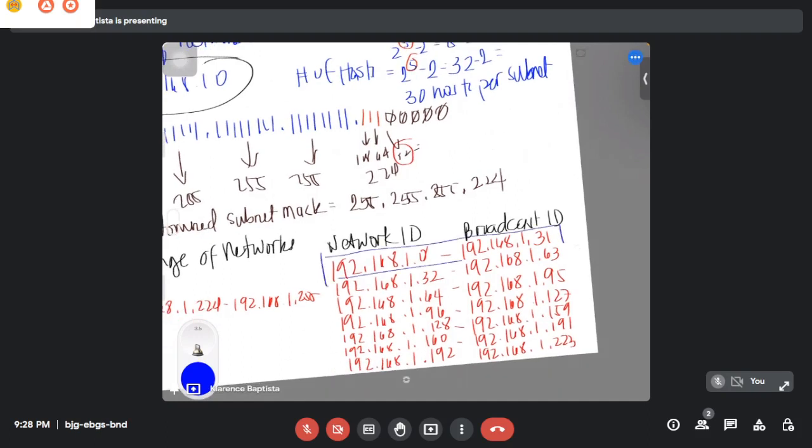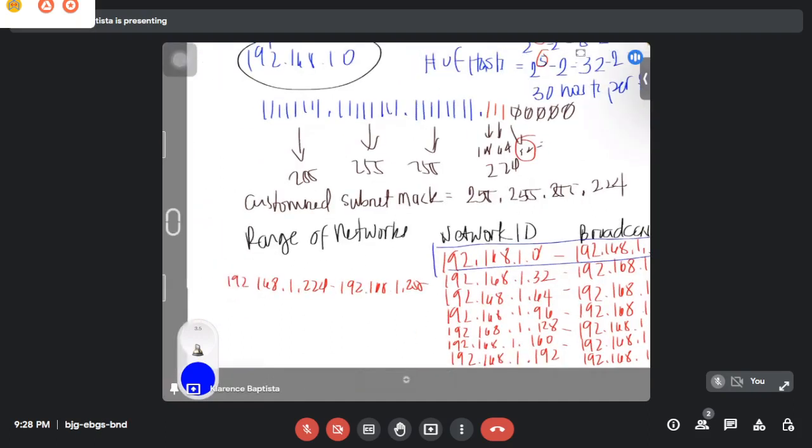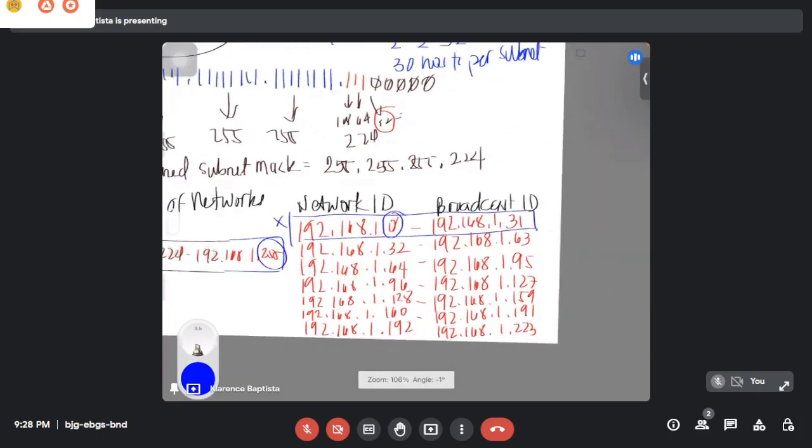At ito pong dulo, yung 192.168.1.224, makikita nyo naman po ang hint natin kapag meron tayong .0 at .255. These are not the valid IP subnet. Ang valid IP subnet or valid subnets po natin will be yung pagitan po nung una at huling range, which is ito po.